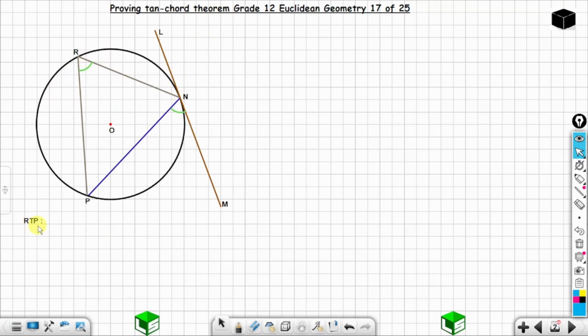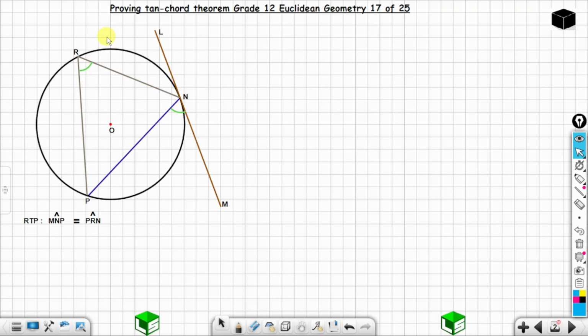You are required to prove (RTP) that this angle MNP is equal to the angle PRN. Let me show you how you can prove this theorem easily.